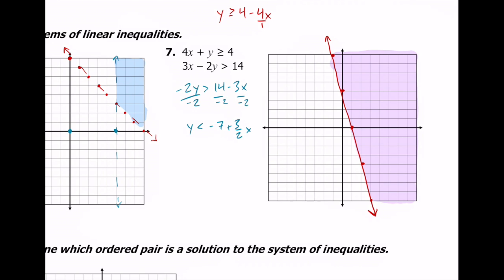So we can put a dot at negative 7, go up 3 boxes over 2, and fill that in with a dotted line. Lastly, we want to shade below. And I'm going to go ahead and erase everything and recolor in the solution.